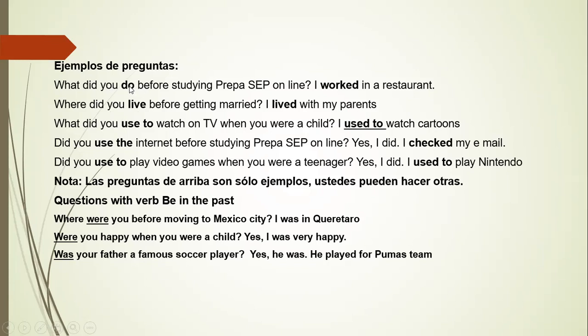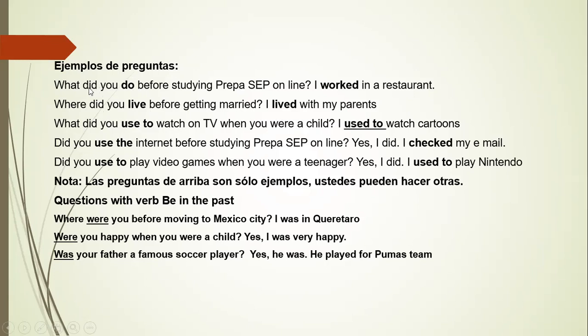The verb is in its infinitive form, as you can see. What did you do before studying Prepa Online SEP? Where did you live before getting married? What did you used to watch on TV when you were a child? All of these questions are WH questions and are in past simple.